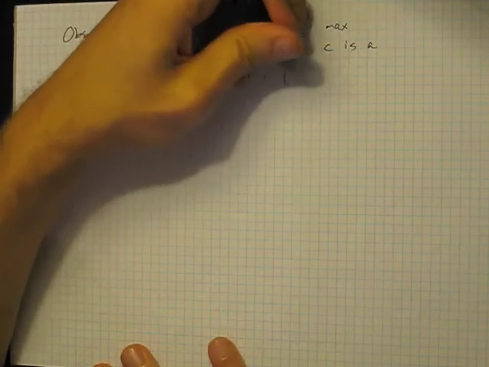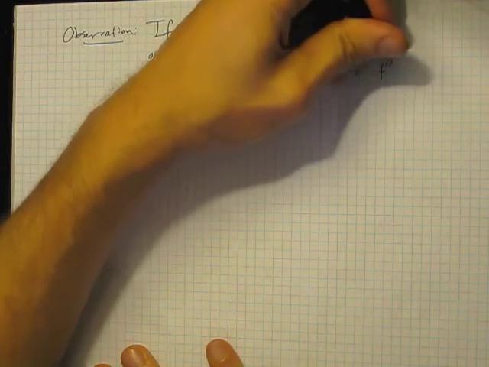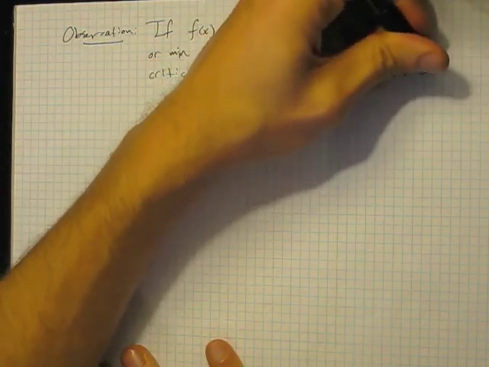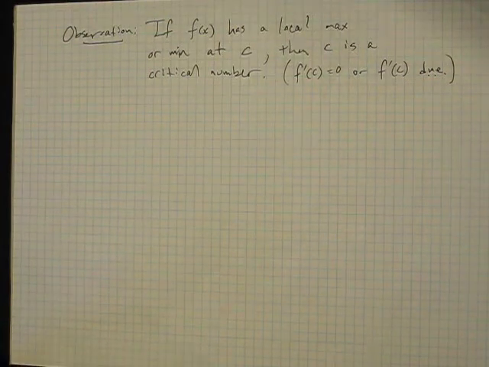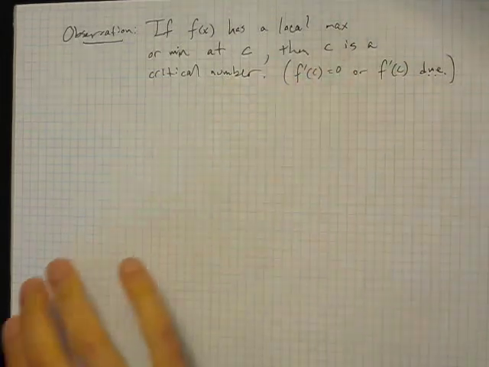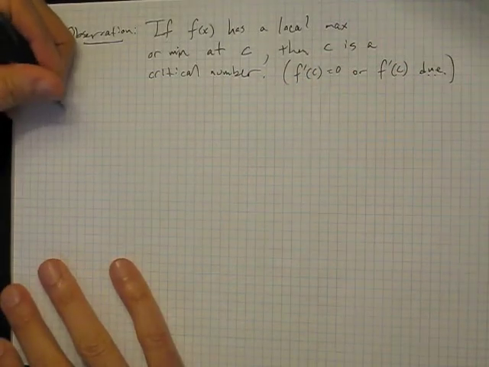That means f prime of c equals 0 or f prime of c does not exist. Okay, this is just our observation. This is also a result that's due to the mathematician Fermat, but I'd rather just use it as an observation.